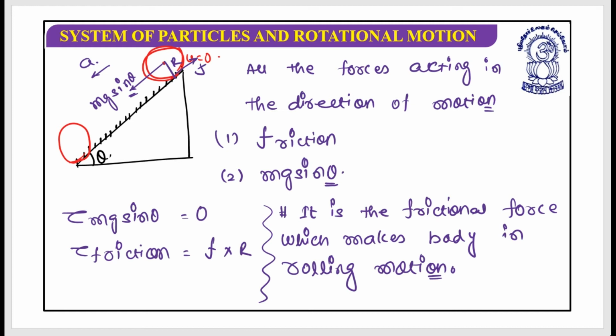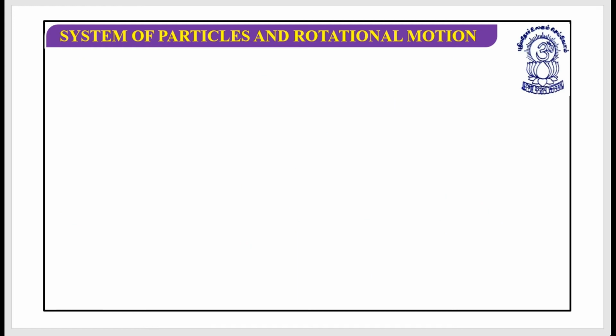It means that no one would be there who can provide the rotational motion. That means it will have only translatory motion if no friction is there. Great. Now let's understand the parameters one by one, while keeping in mind that it is the friction that will make it a rolling motion.